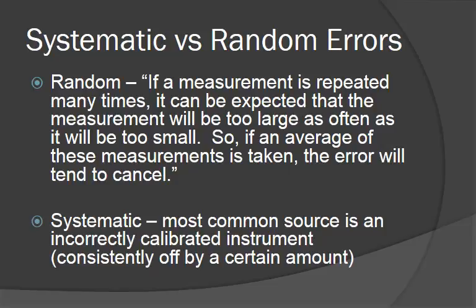Now, systematic error: the most common source is an incorrectly calibrated instrument. And so it's consistently off by a certain amount. So the whole data set is shifted over.